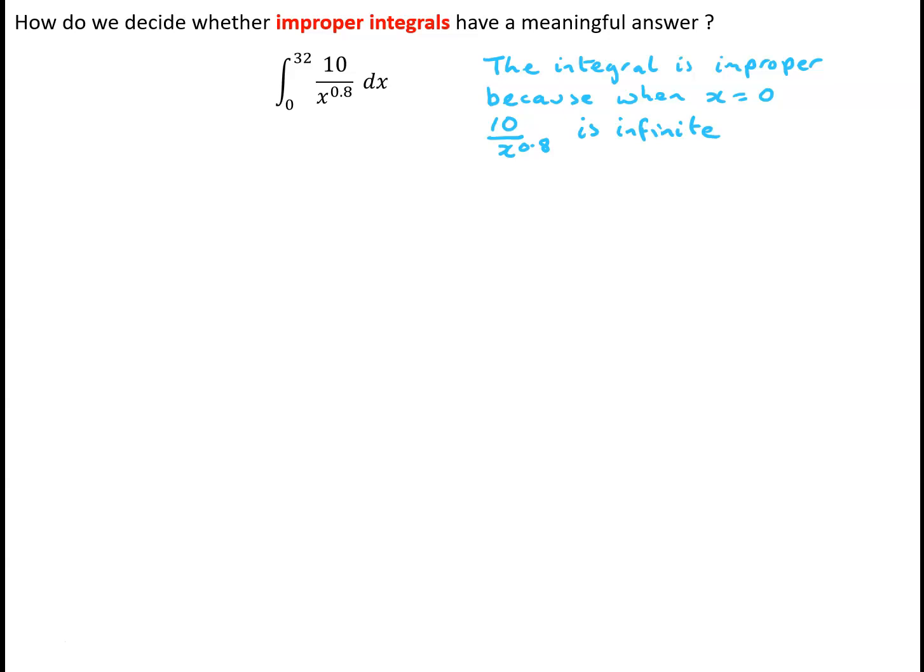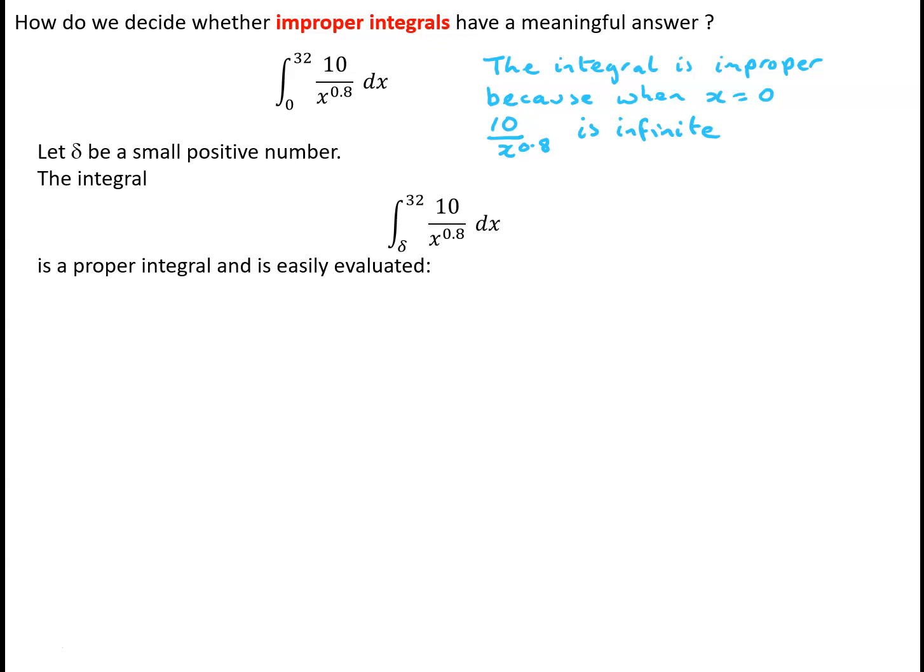So the problem is the lower limit at this stage. To get around this, we're going to consider the integral between delta and 32 of 10 over x to the 0.8, where delta is a small positive number.